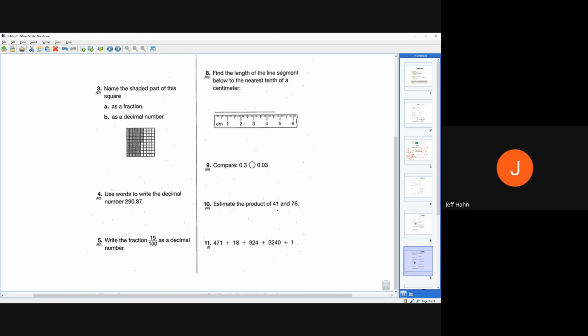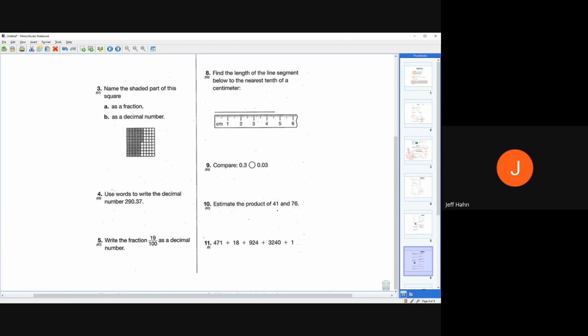Yes. Number 3, A and B. Elena: A is 55 over 100 and B is 0.55. Correct. A is 55 over 100. B is 0.55. Number 4.